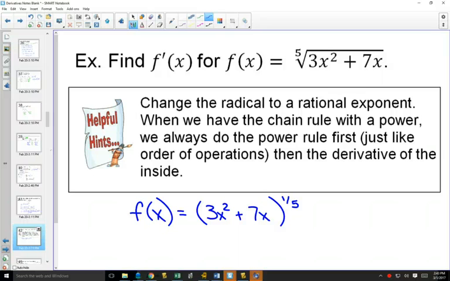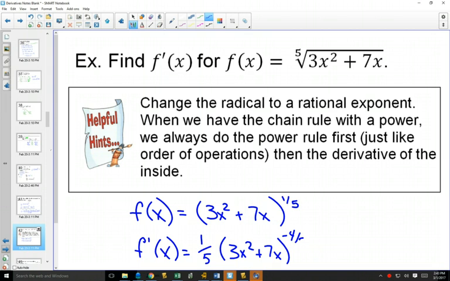So I do my outside function first. The 1/5 comes in front. Keep the inside the same. Subtract 1 from the exponent. And then multiply by the derivative of the inside.